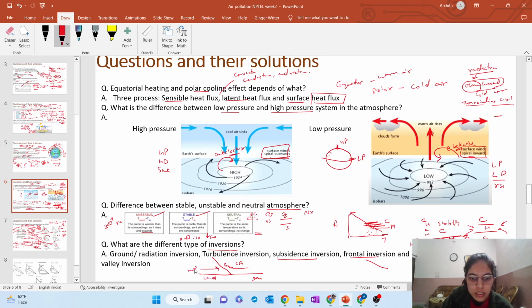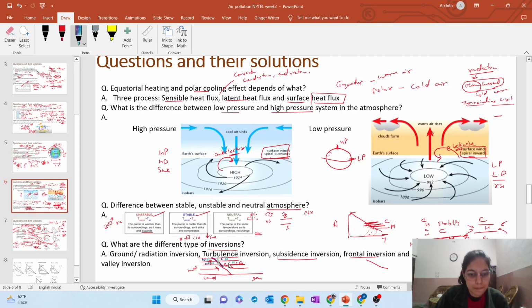Land has warm air, so warm air rises, and here, if you see this region, you see these three lines. This is warm air, cold air, and this is warm air, cold air, right? In this region, you see the cold air is above warm air.